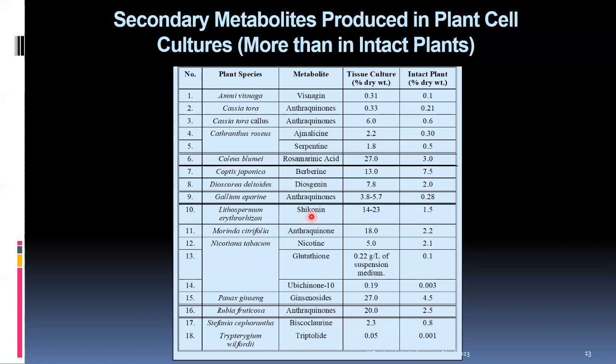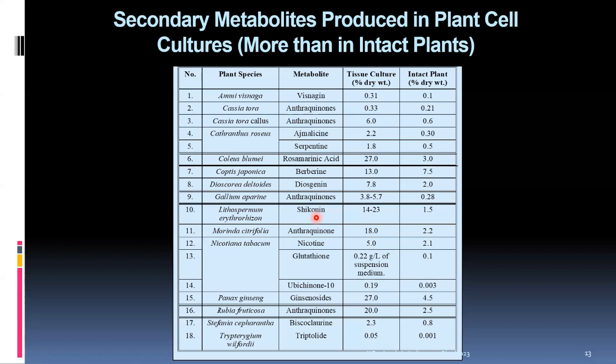So the root culture was the initial starting point for this red colored shikonin production, and this dye has cosmeceutical properties. It is used in many of the traditional Japanese cosmetics, and also as a food ingredient. I have subsequently also mentioned this, wherein people have standardized huge bioreactor level cultivations for Lithospermum.